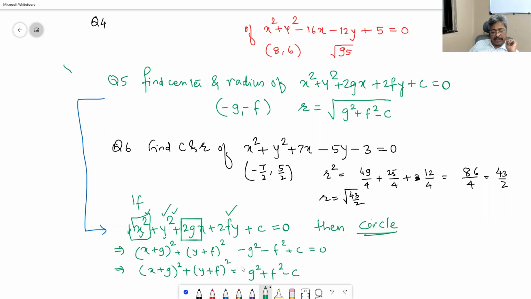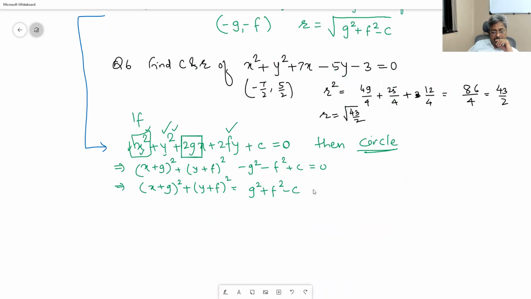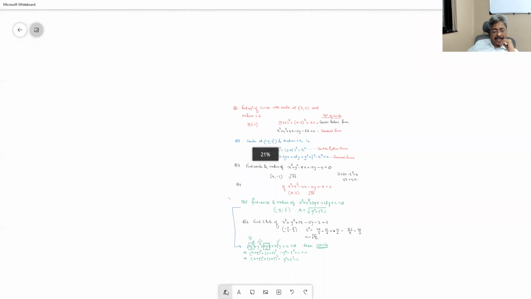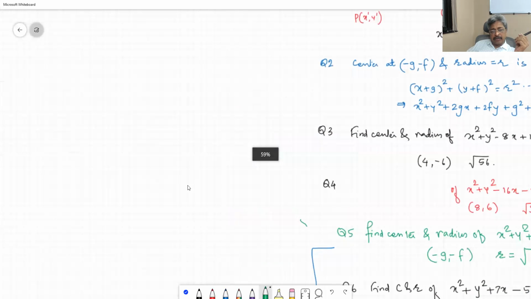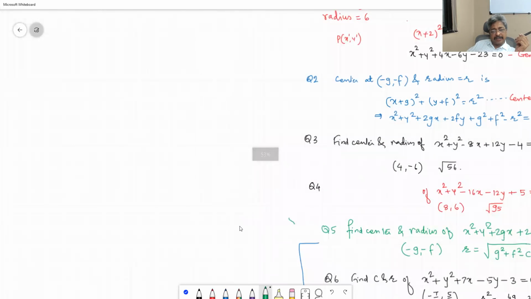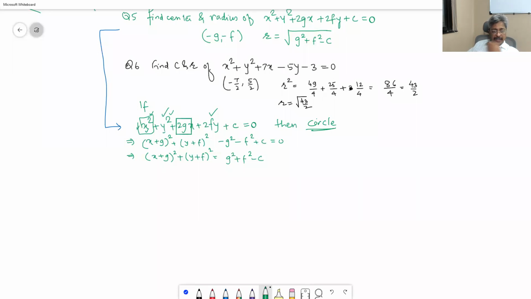And if g square plus f square minus c is a non-negative number, then I can always call it my radius, and therefore this is going to be my r square. Hence I get the formula; this is distance.